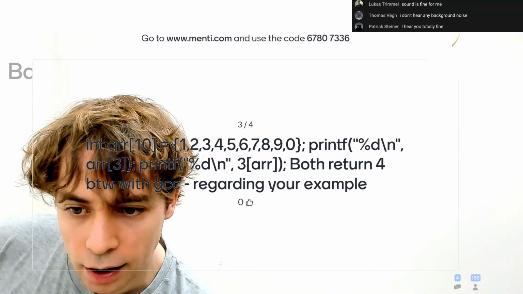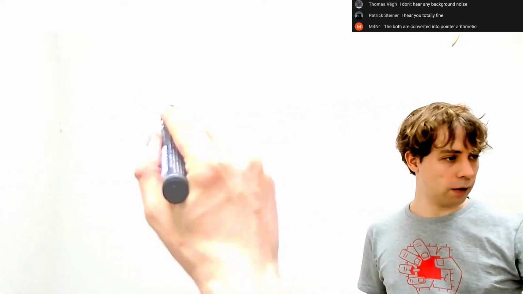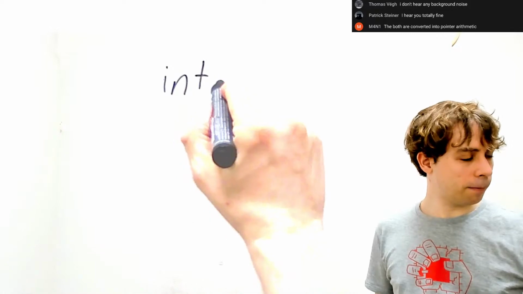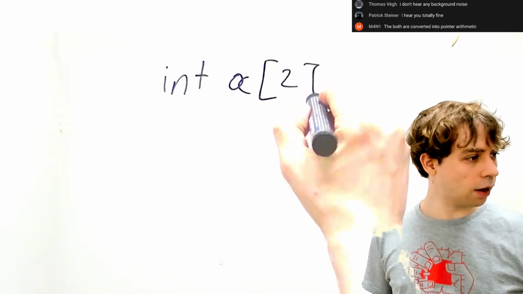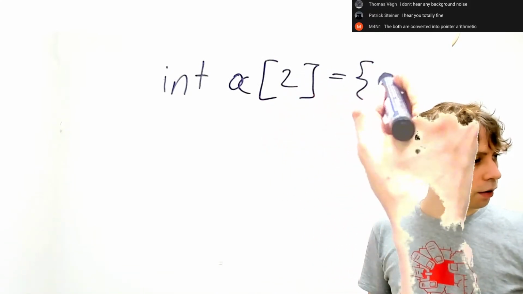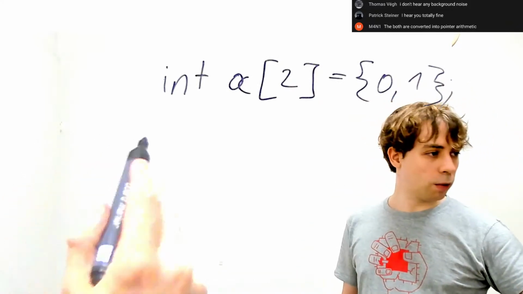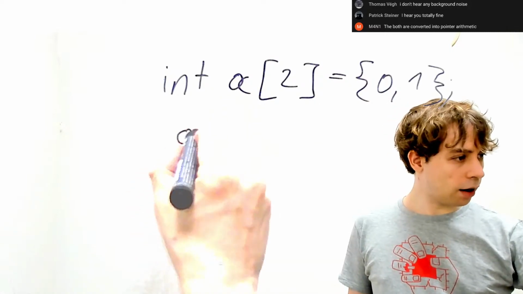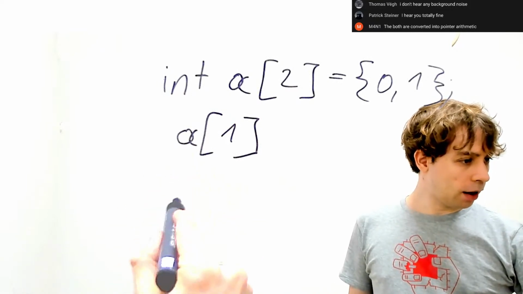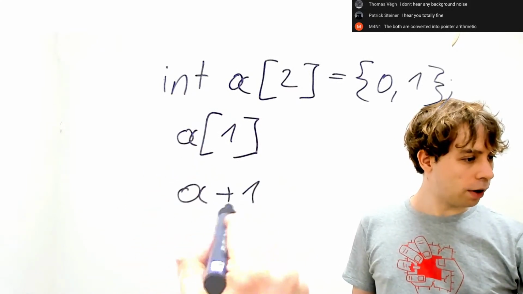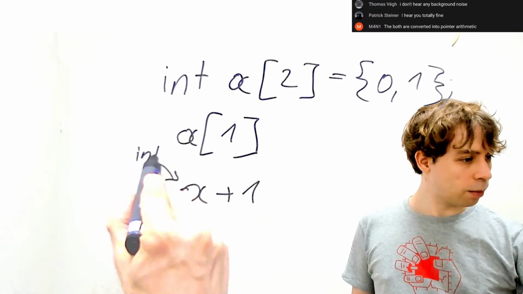Let me write that down again, just on this whiteboard here. So let's assume we have an integer array A, and this has 2 elements, and these 2 elements are 0 and 1. Now, if we access A at offset 1, this would be the same as accessing A plus 1. But the thing is that A is still an integer pointer at this point.